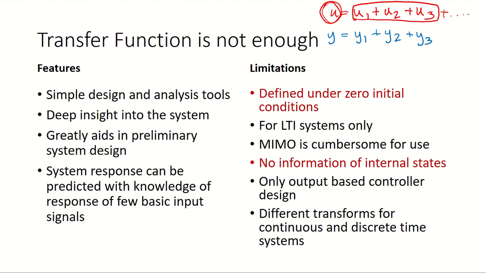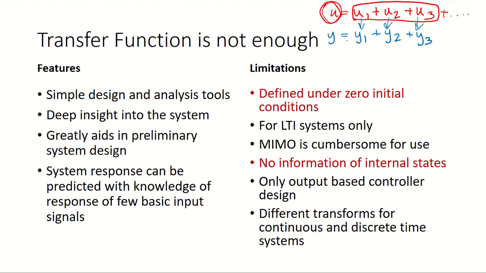Why? Because we have a linear system. The transfer function is a modeling of considering the system to be behaving in a linear manner. So if the input is a summation of input components, the output is a summation of the corresponding responses. So that makes it easier.